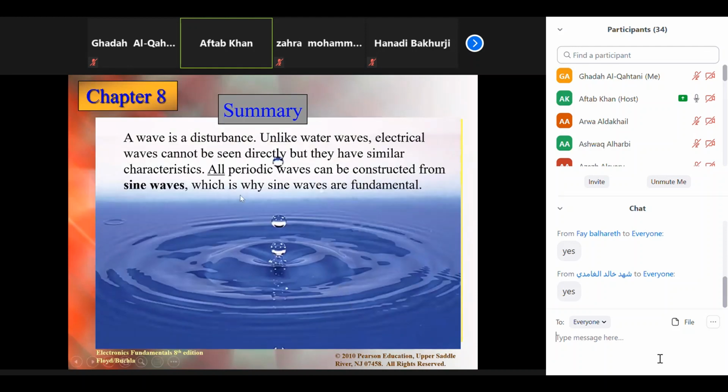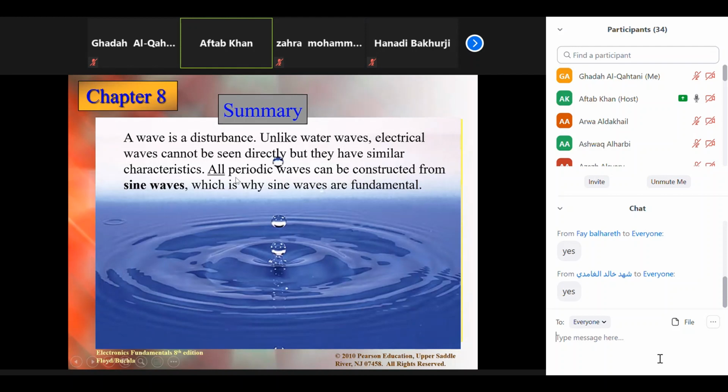All periodic waves, periodic meaning the waves which keep on repeating themselves after a fixed interval, can be constructed from sine waves, which is why sine waves are fundamental.